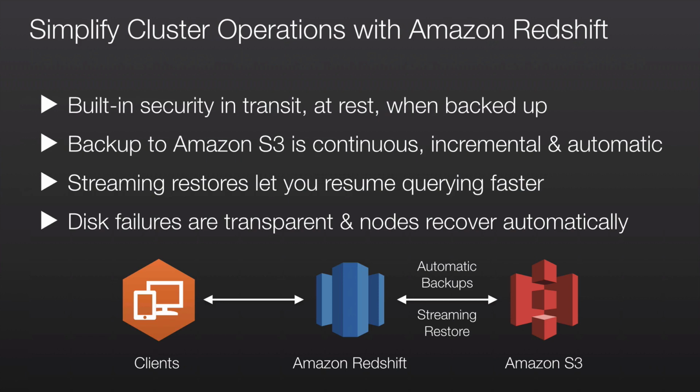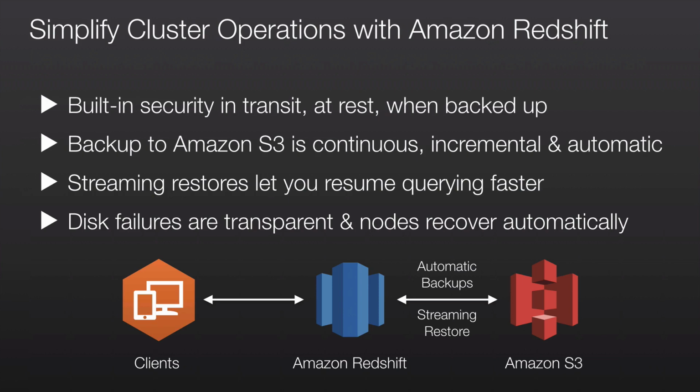This streaming restore methodology that's used now allows you to resume querying more rapidly when restoring a cluster from backup. And we also help deal with failure modes, both disk failure modes and node failures, recovering nodes and replacing drives automatically so that you don't have to take any action in the event of these failure scenarios.